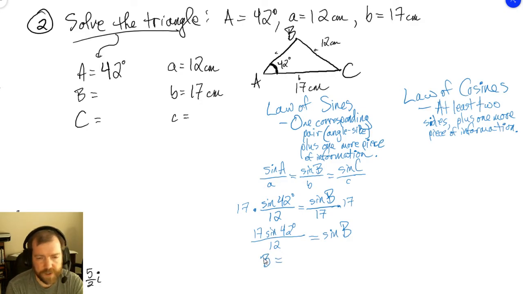All right, and B is equal to, in this case, the inverse sine of 17 sine of 42 degrees divided by 12.